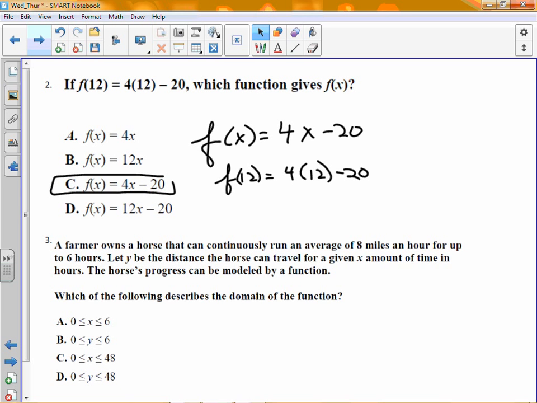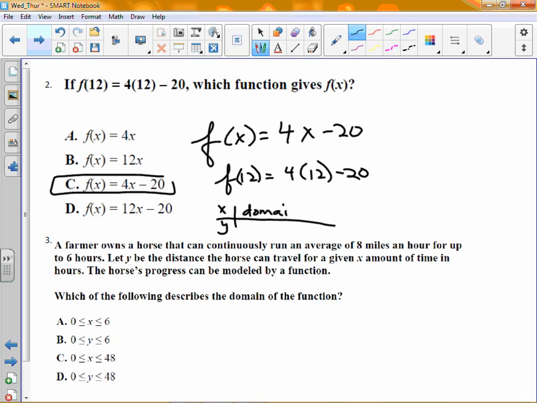Okay. Then notice it says, which of the following describes the domain? Well, which of those variables is the domain, the x or the y? Nobody? Yeah, x is domain, y is range. So up here, based on the question and the way they laid it out, what is the most amount of time that I can have in this problem?